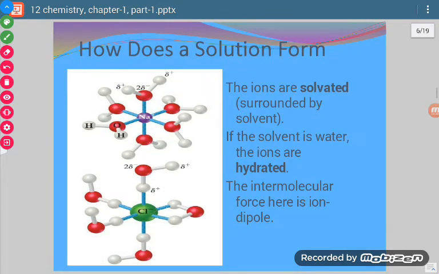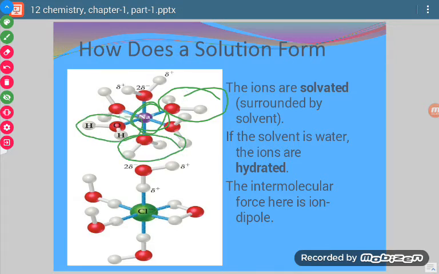Okay. Now when this process is occurring, what happens? Each ion gets surrounded by solvent molecules. Now suppose we have taken the solvent as water, then we will use the word hydrated. Ions will get hydrated.